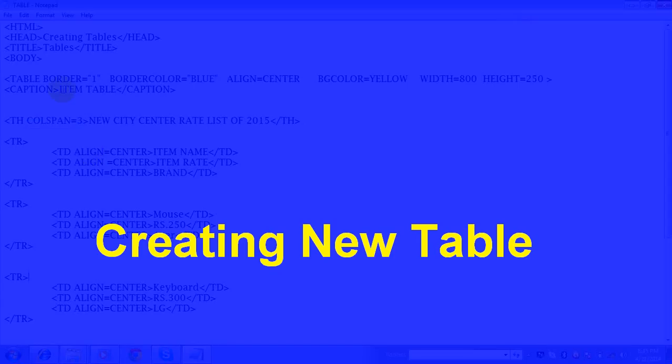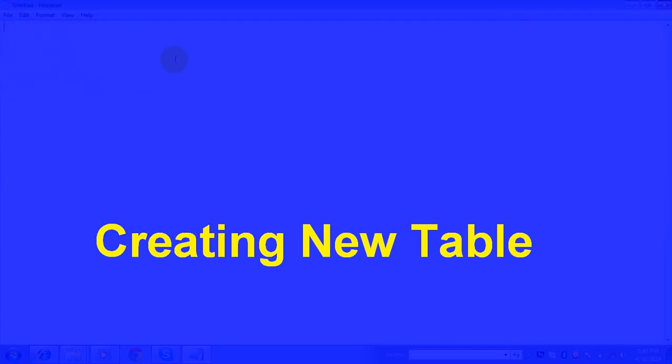Okay, let's create the next table. Go to the file menu of the text editor, click on new. Now you get a new text editor. Here you can begin the new tags, HTML. If you do not want to add any heading, just close the heading.